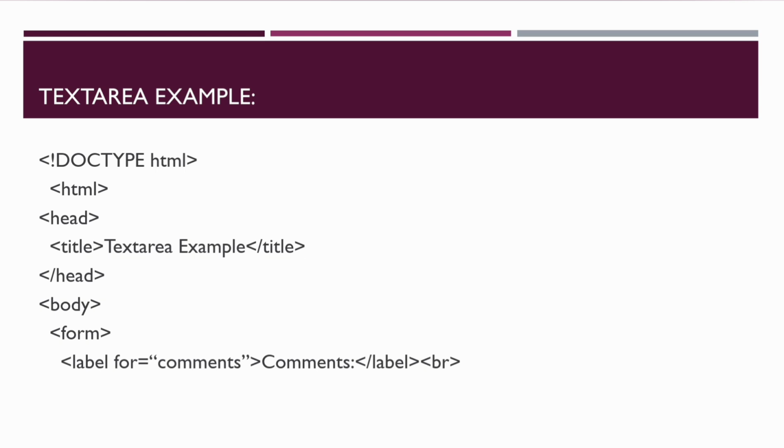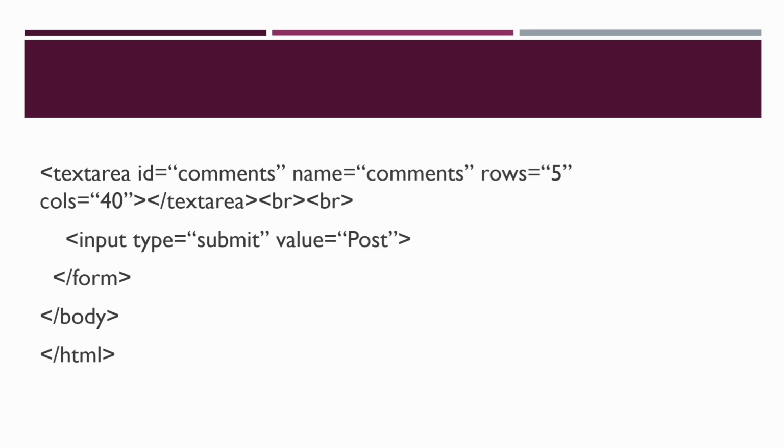Text area example: doctype HTML, head, title I write text area example, then I open the body, I use a form here, then I open a label for comments. In between the opening and closing label tag I write comments, then I use a break. Okay, let's continue the code.